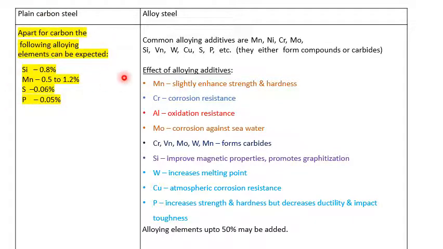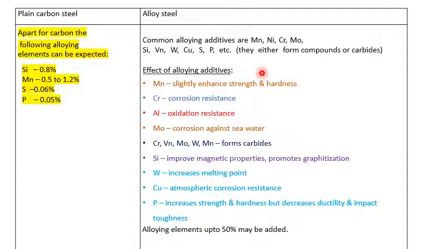When I say alloy steels, the alloying elements will normally be manganese, nickel, chromium, molybdenum, silicon, vanadium, tungsten, copper, sulfur and phosphorus. When these elements are added, as we discussed in the previous slide, the content of these elements added into the steel will designate them as low alloy or high alloy steels.